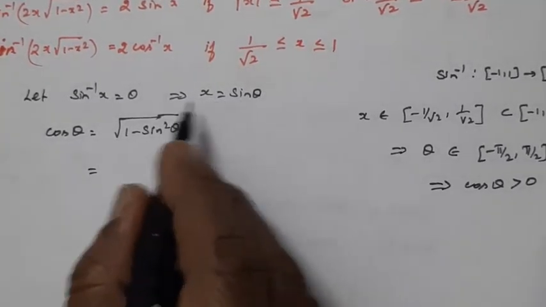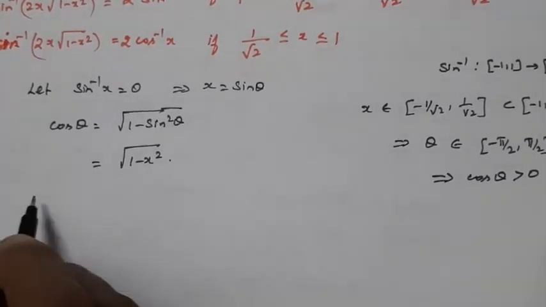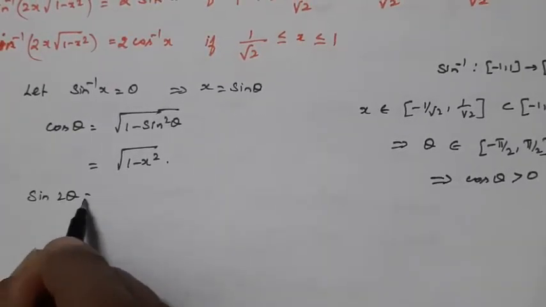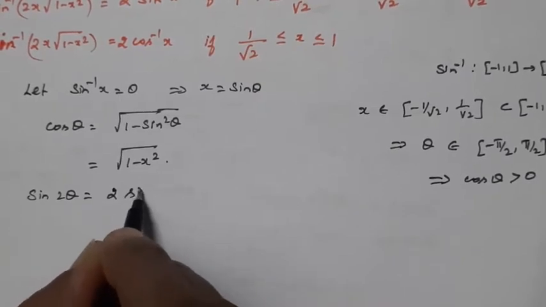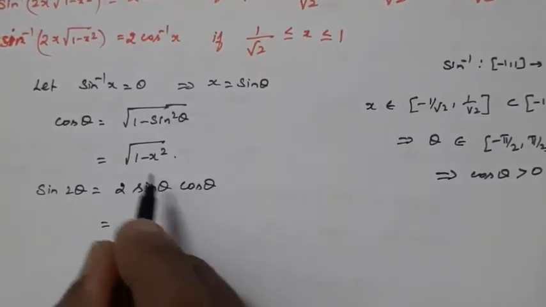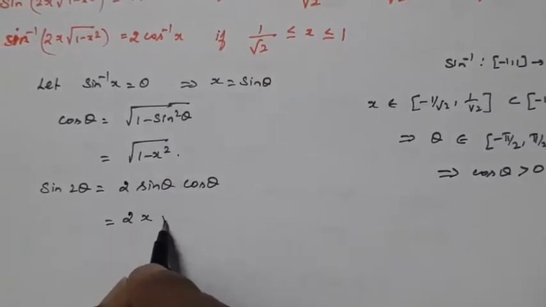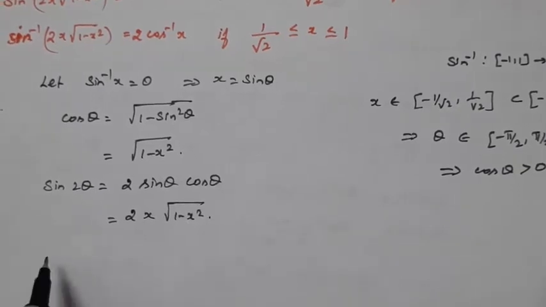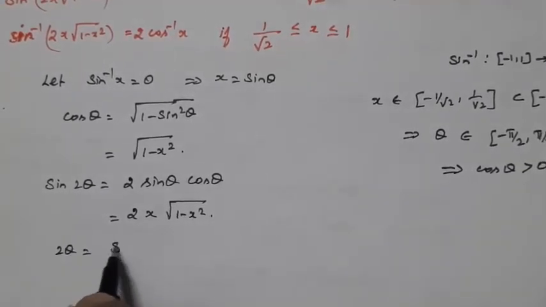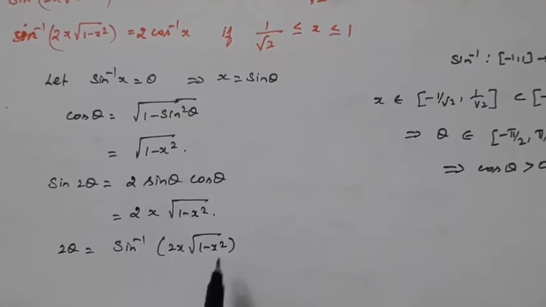Now, replacing sin theta by x, we have cos theta as root of 1 minus x squared, and also we have sin 2 theta as 2 sin theta into cos theta. Now, replace sin theta and cos theta in terms of x. So, we will have 2 into x into root of 1 minus x squared, so 2 theta is equal to sin inverse of 2x into root of 1 minus x squared.